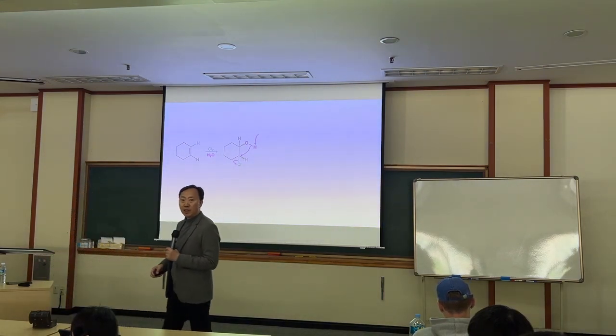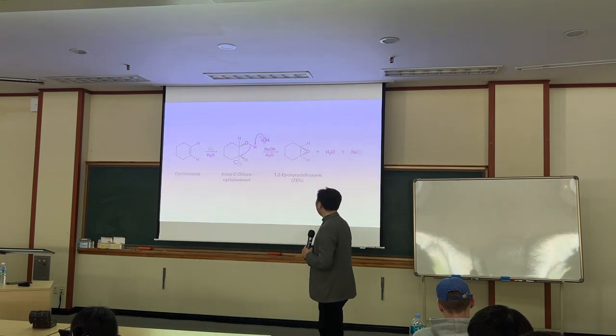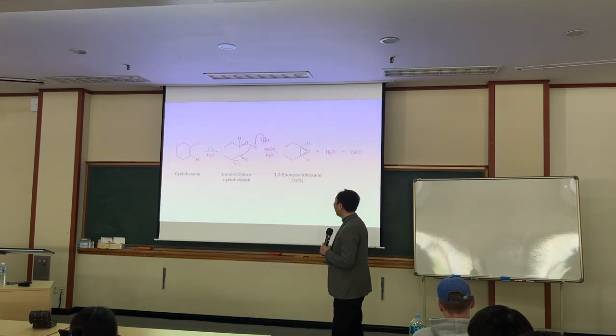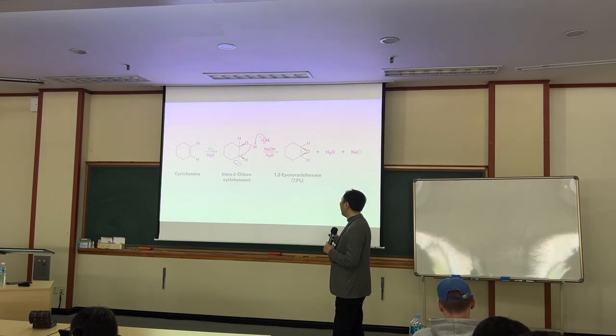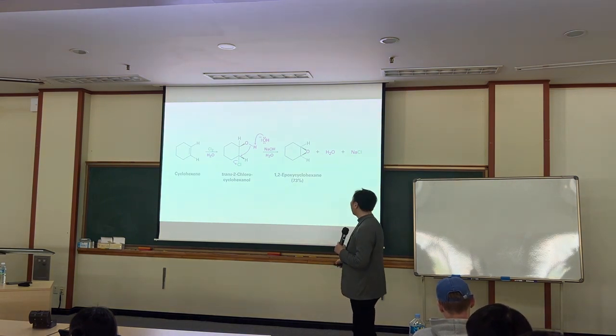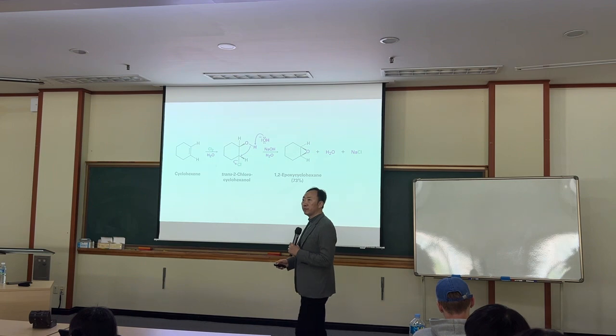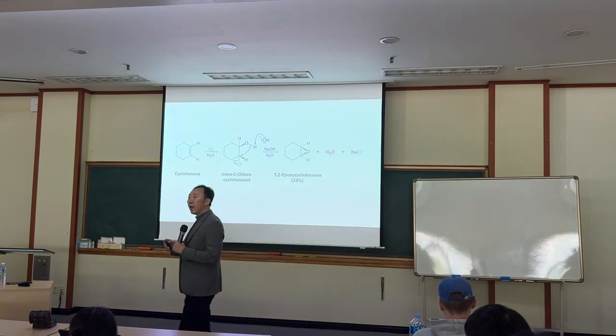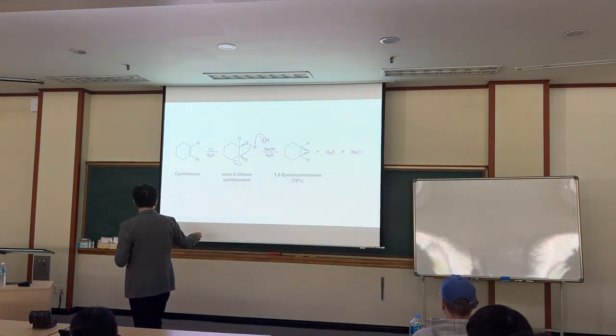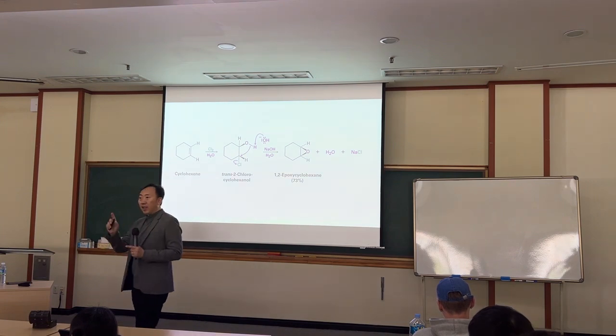In this case, if you give a strong base, then it deprotonates this proton, and then this becomes O minus. Then it can attack from behind and push this out. Then the product is this. This reaction smoothly happens because the chloride and OH group are anti.